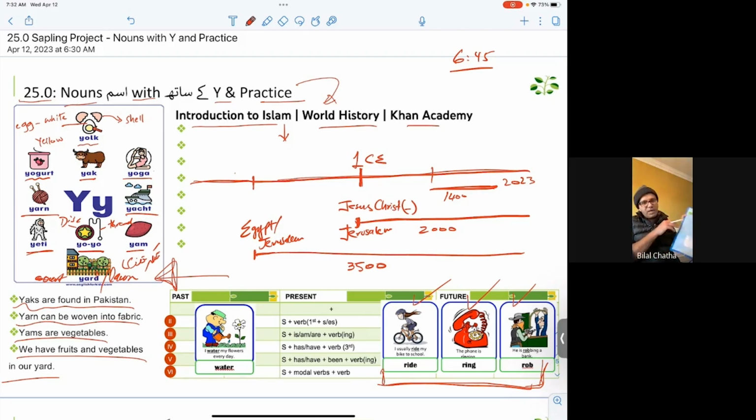You have a map. You can take a look at the map and do some reading. It's Ramadan, and you can track the possible path. You can do that as part of your homework.